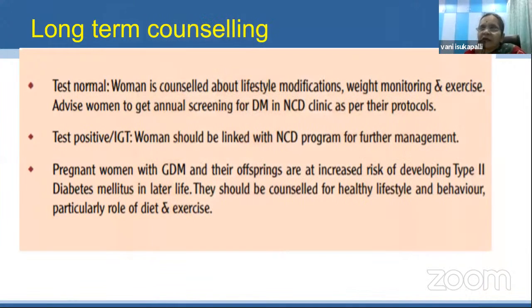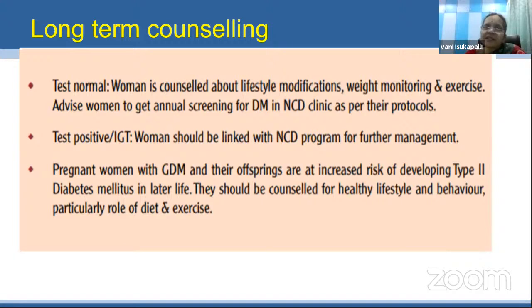In all cases, as I said, once a woman is diagnosed as GDM, she is at a lifetime risk of having type 2 diabetes. Therefore, this woman should be counseled for lifestyle modification and weight monitoring, and advised annual screening.